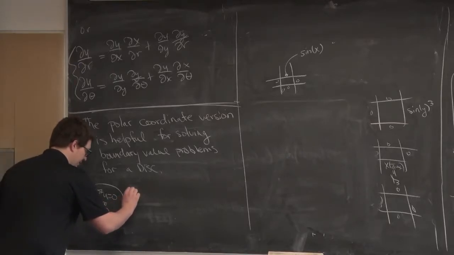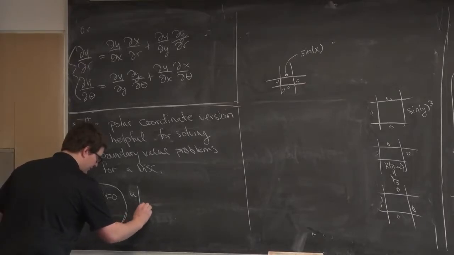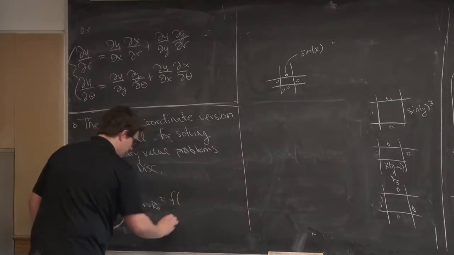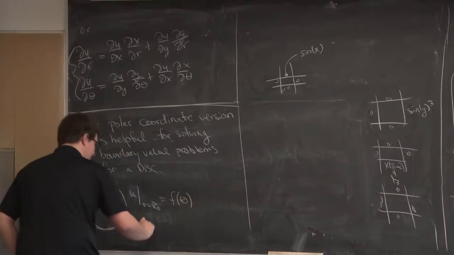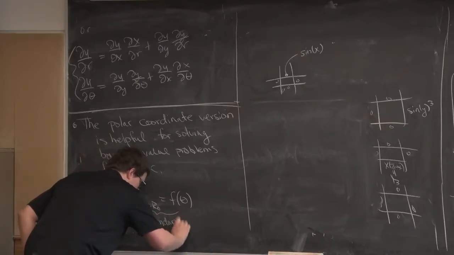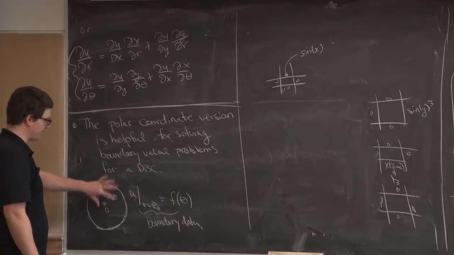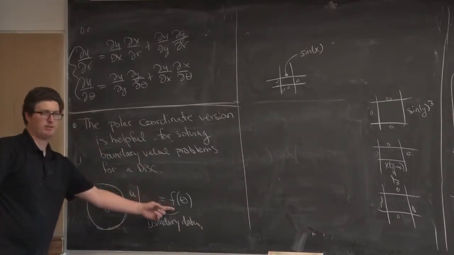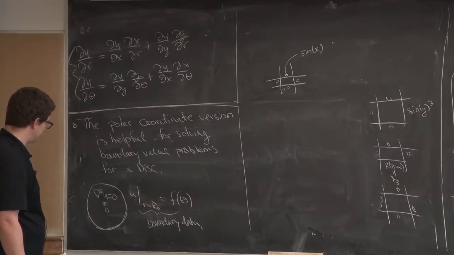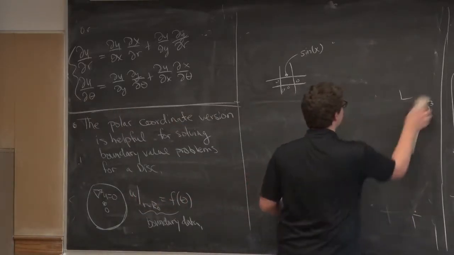And then you could say that u restricted to the boundary of the circle, when r is equal to some fixed r naught, is some function that depends on theta. So this is boundary data. This is what's called the Dirichlet problem: if you take any region and specify the boundary data, you get this Dirichlet problem. And we'll try to solve this.